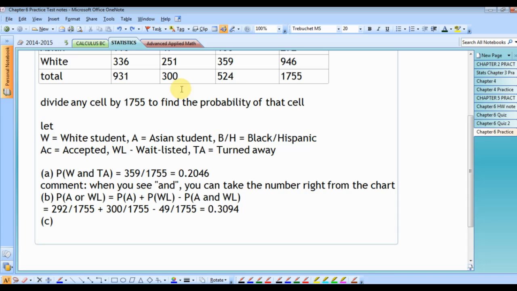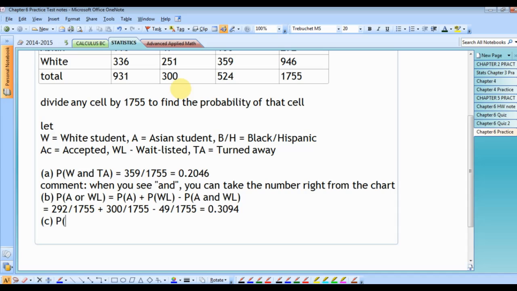C. Estimate the probability they are accepted if they were Black or Hispanic. Okay? If they were Black or Hispanic. So the question is, which one is given? Are we given that they're Black Hispanic, or are we given that they are accepted? Black Hispanic is a given, right? Because that's what we already know.